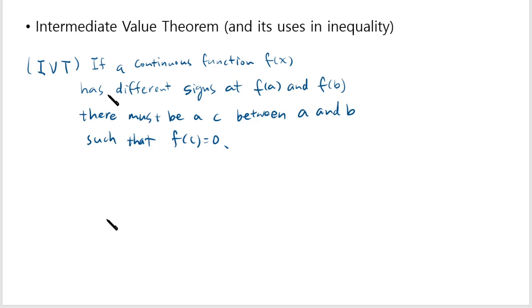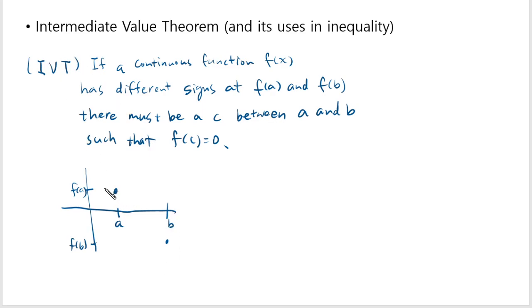Now, this may be already simpler than what's in the textbook, but I still owe you some explanation of what this means. Let's say you have a function which is continuous, and here's a and here's b, and they have differing signs at these two values. So let's say f of a is positive, f of b is negative. If one's positive and one's negative, then what's going to happen in between?